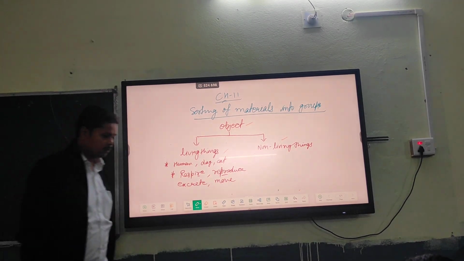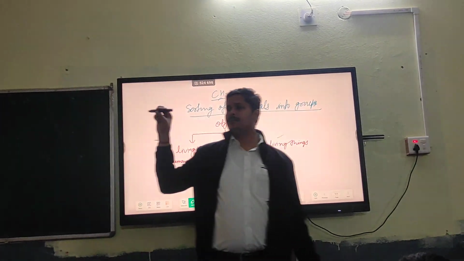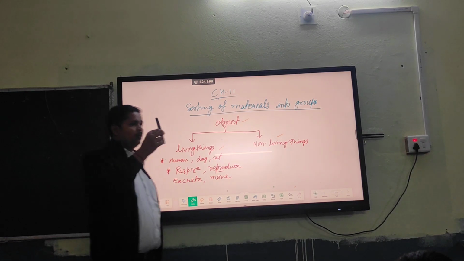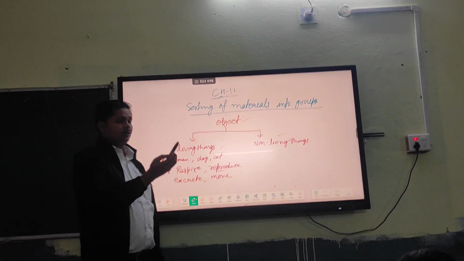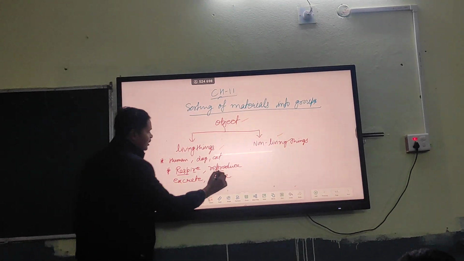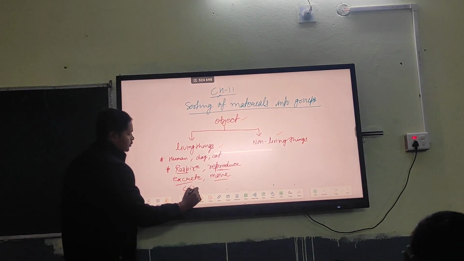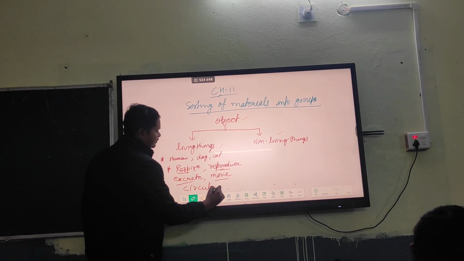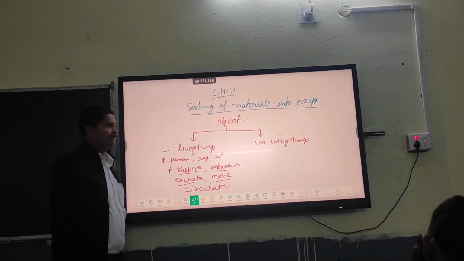Movement: we are living, we can move easily. This pen can move easily? No, sir, this is not living. We can make an effort to run it. So: respire, reproduce, excrete, move, and circulate also. These are the characteristics of living things.